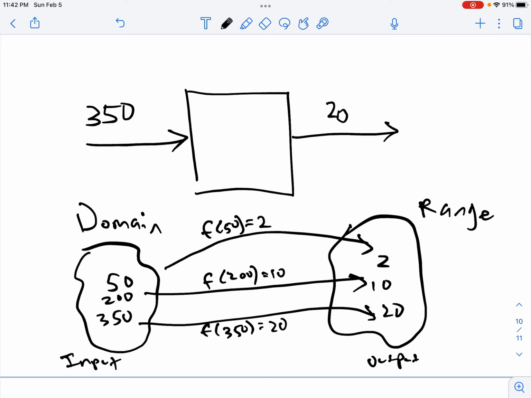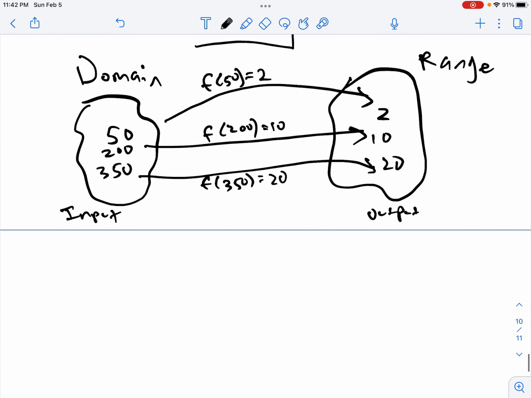Okay, now what if we wanted to go backwards? If we want to go backwards, then instead of that f notation, we're going to introduce a new notation here. This is f negative 1. So what does f negative 1 mean? Let me ask this question.